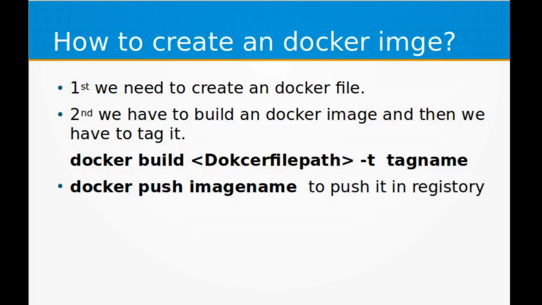The tag is optional, and the build happens with the help of docker build, your DockerFile path, -t, the tag name. It will tag it along with building the image. Then we would be pushing the image with the image name into the registry.